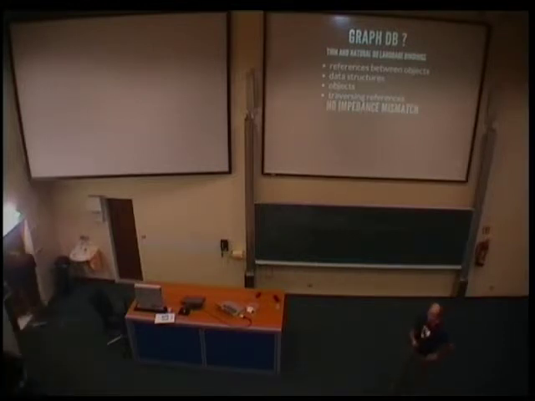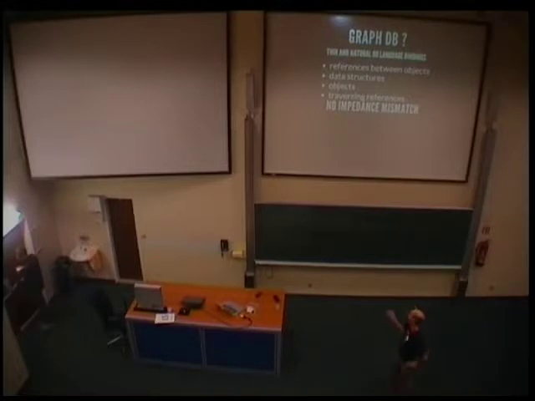This is what a graph database is really good at: traversing relationships or references. You can do it extremely fast. And what I'm really talking about is impedance mismatch: the problem of using an object-oriented language and a database where there is no simple mapping of that data structure to the database.